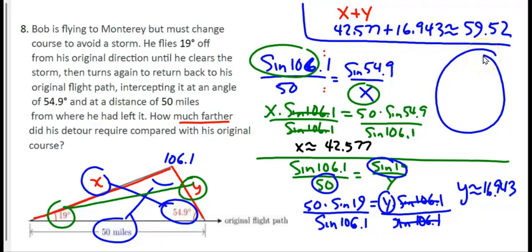So the answer to the question, how much further Bob will travel, is that Bob's route is approximately 9.52 miles further than the original flight plan.